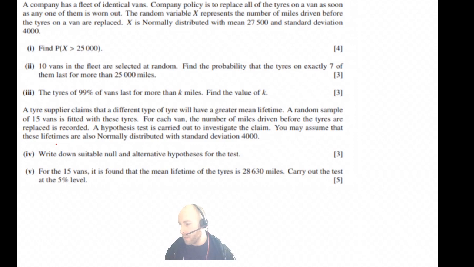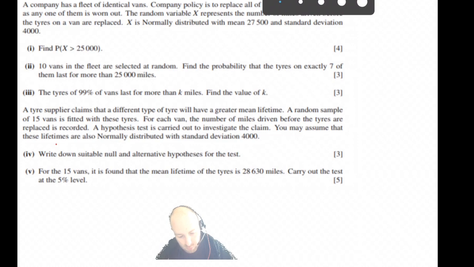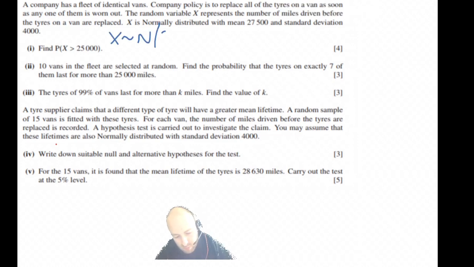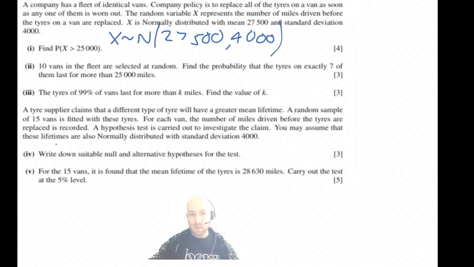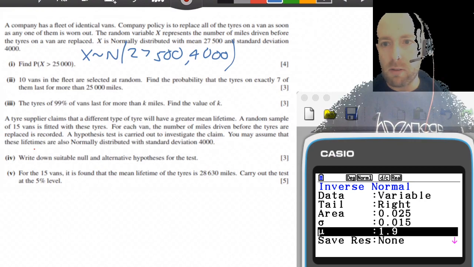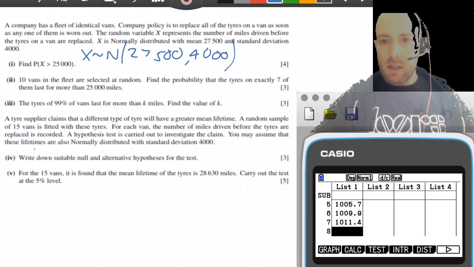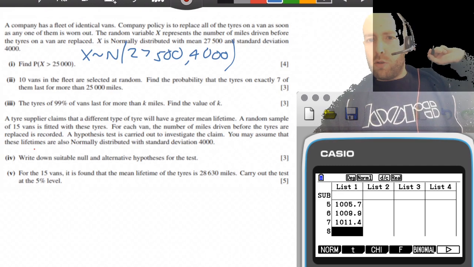All right, that wasn't so bad actually, was it? Okay, let's do this one then. This wasn't too hard at all, to be honest. It looks a lot worse than it claims. You see how much marks used to be worth, but back then they didn't have calculators, so kind of fair. So we got X normal, mean 27500, standard deviation 4000. So bring up the graphical calculator, distribution normal.